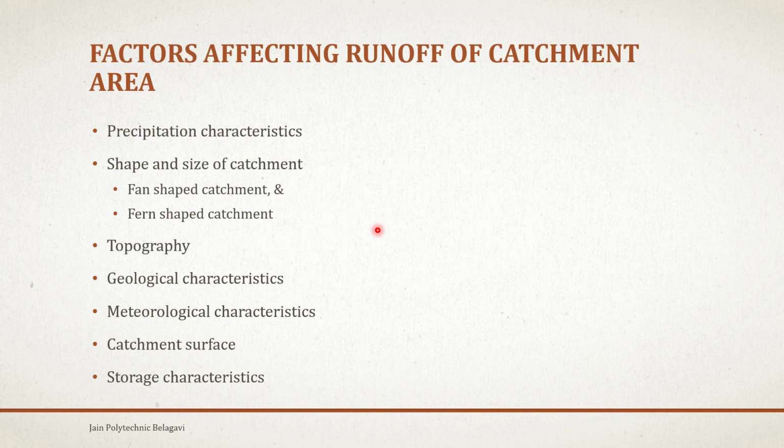The factors affecting runoff of a catchment area are, first, precipitation characteristics, depending upon the form of the precipitation. Next, the shape and size of the catchment. There are two types, fan shaped catchment and fern shaped catchment. A fan shaped catchment stores less compared to a fern shaped catchment.